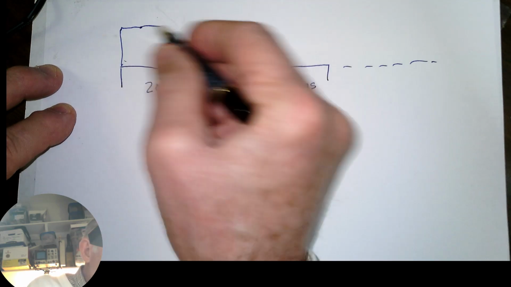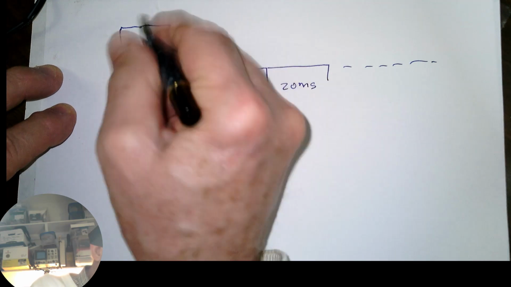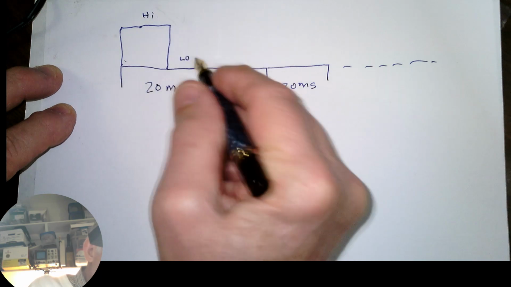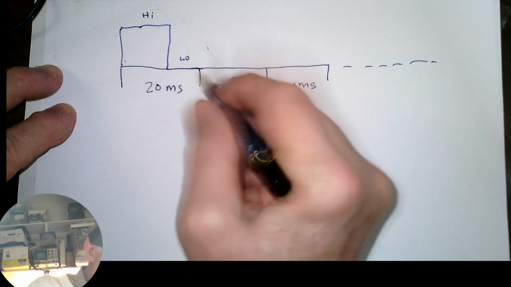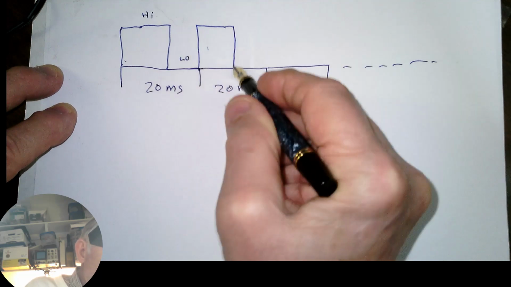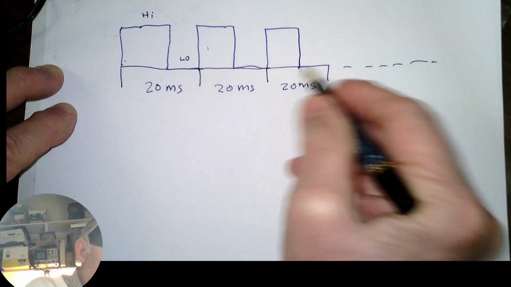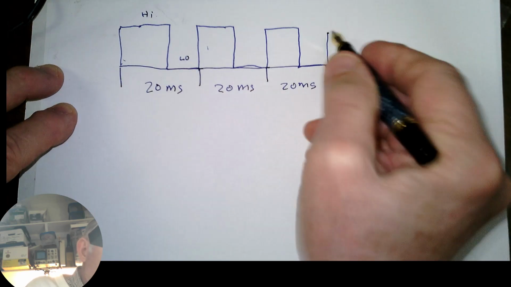So if it stays high for half the time, it's high, and then it's low, and then it starts over again, high and low, and so forth.